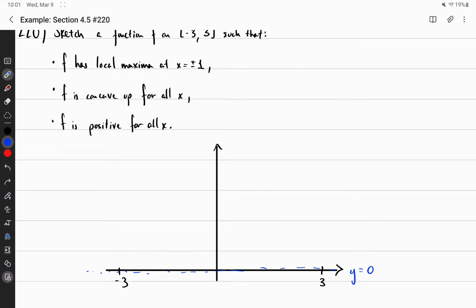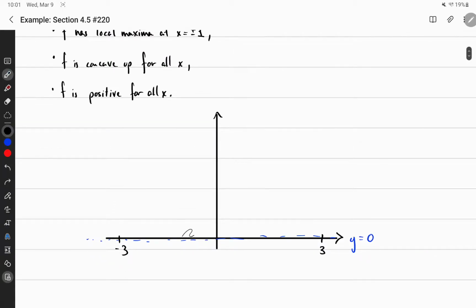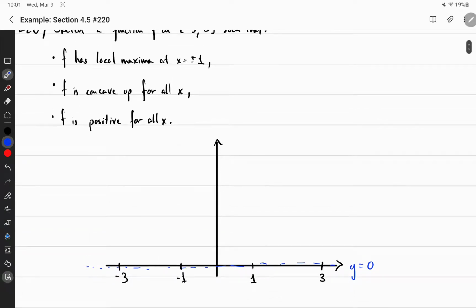Okay, and now what else do we know? Well, from the first bullet point here, we know that f has local maxima at the x-coordinates plus and minus 1. So let me draw on those x-coordinates. Here we've got -1 and 1. And let's just place some points for our local maxima. So maybe the first local maximum is here, and maybe the second one is a little lower over here.